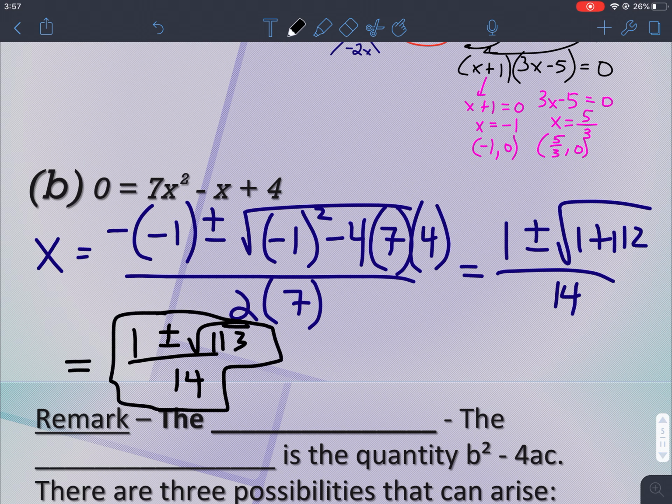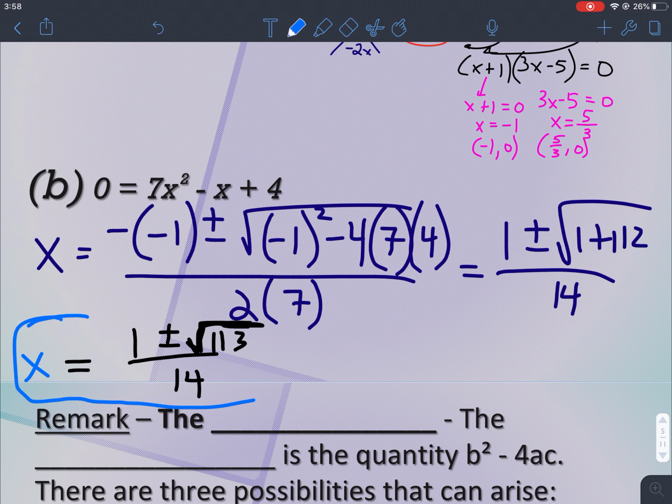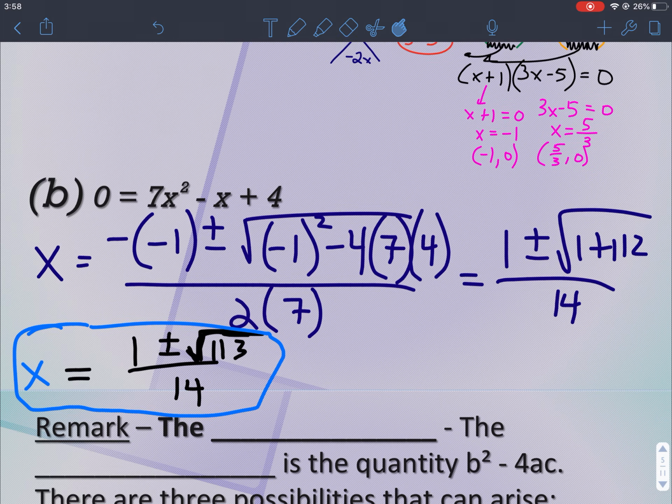So we can actually just leave this as our answer because this is in simplest radical form. So x is equal to 1 plus or minus the square root of 113 over 14. And there are two different answers there, a plus side and a minus side.